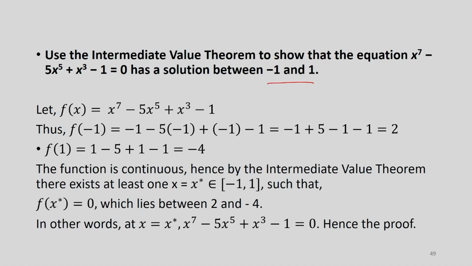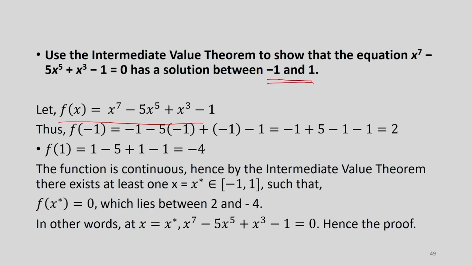What we do is that we assume that the left hand side of this equation is represented by this function f(x). So, f(x) is equal to x to the power 7 minus 5x to the power 5 plus x cube minus 1. Now, look at this particular interval, minus 1 and plus 1. This is the interval, right.